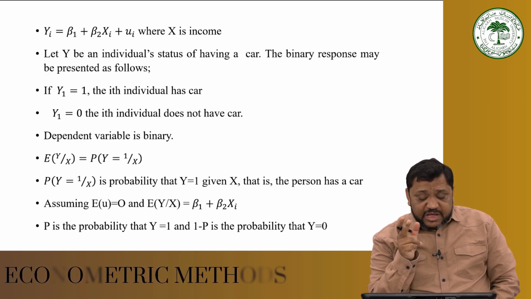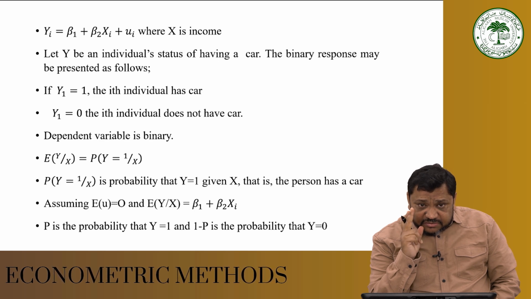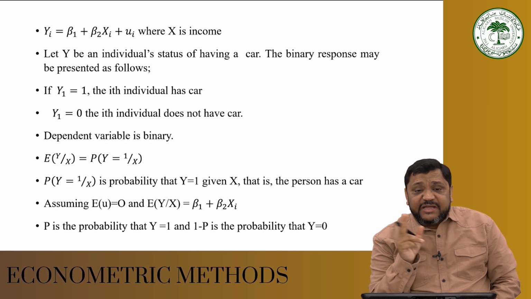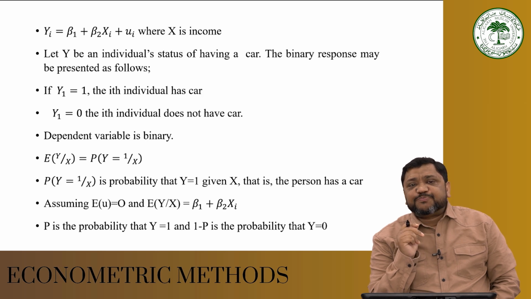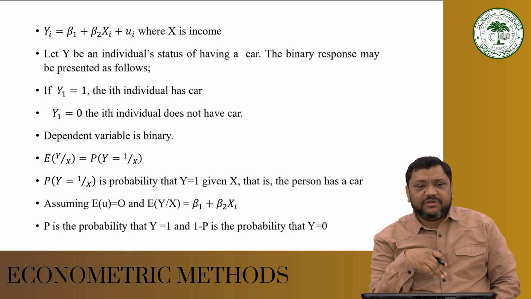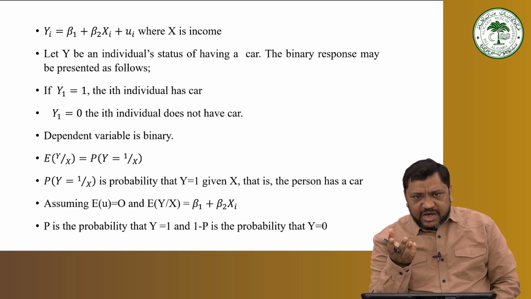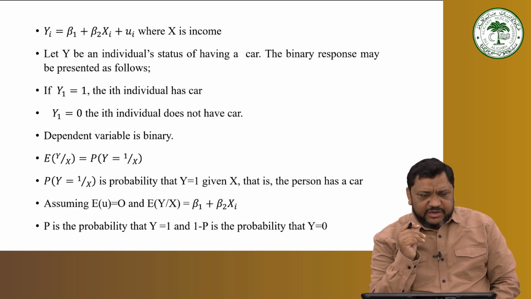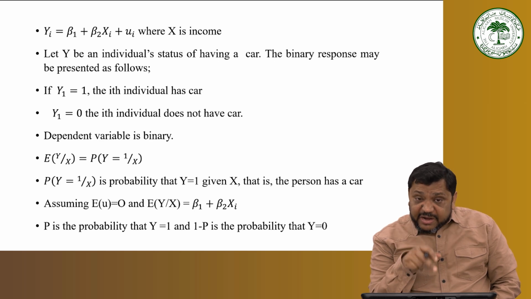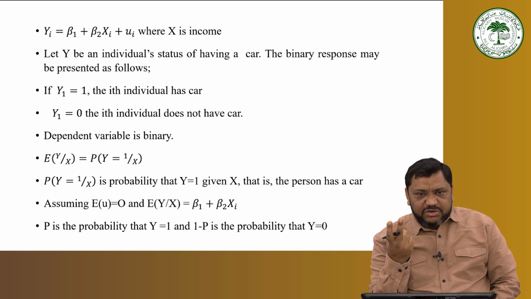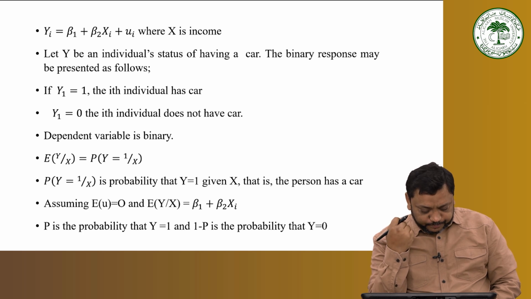Y is the individual status, whether he has a car or not, and there is a binary response. Yes, if y is equal to 1, the individual has a car. If y is equal to 0, the individual doesn't have a car. So here your dependent variable is of binary nature, 1, 0, 1, 0.